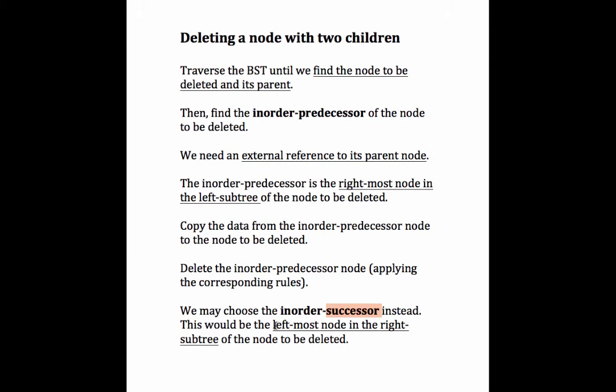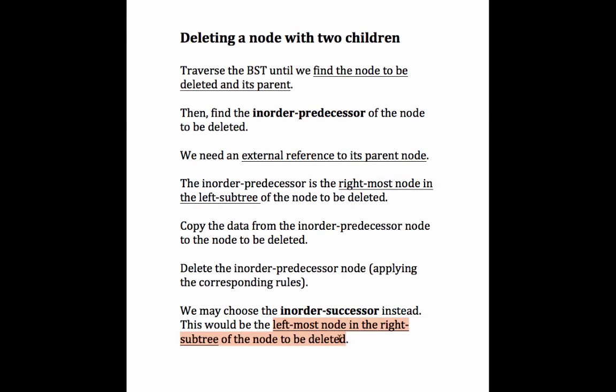And likewise, you will realize when you write the code and execute it a couple of times that the in-order successor is found in the right subtree of the node that you want to delete, and is the leftmost node in the right subtree. So remember what we did here. The in-order predecessor is in the left subtree and is the rightmost.